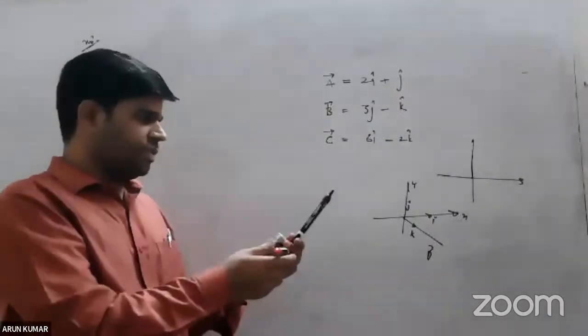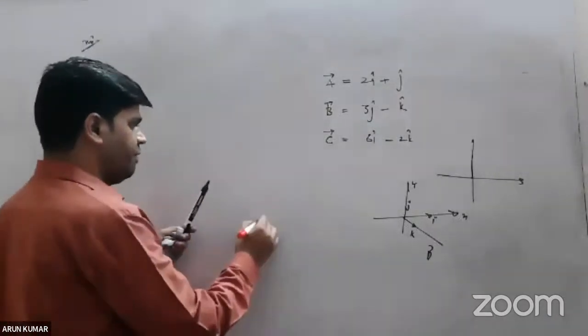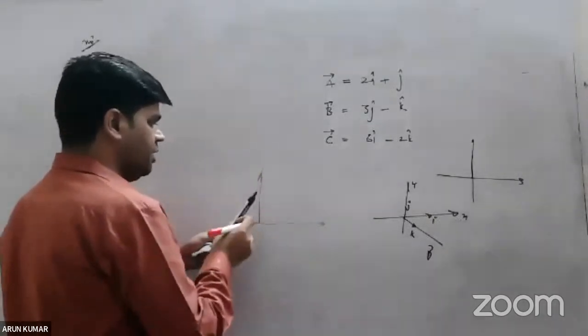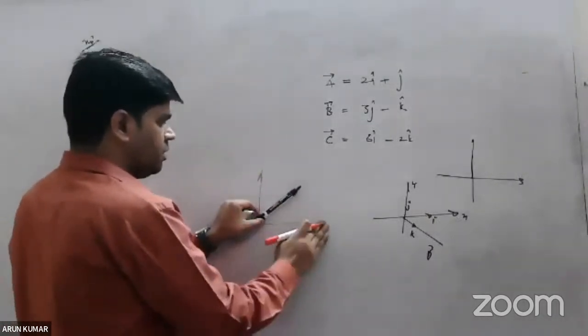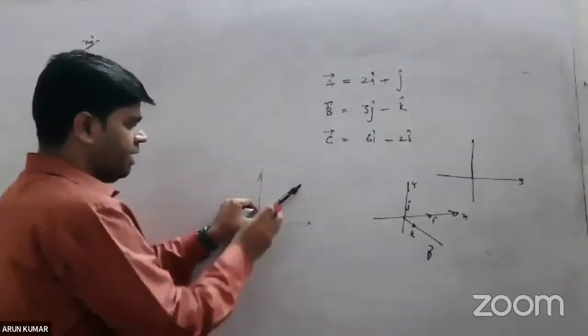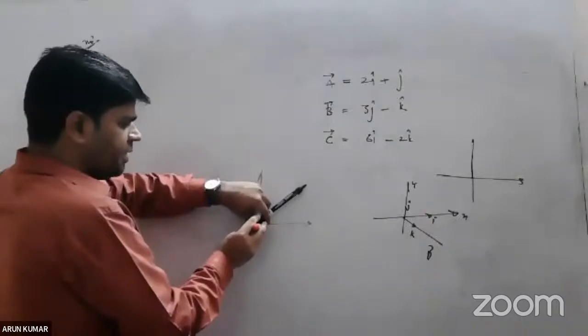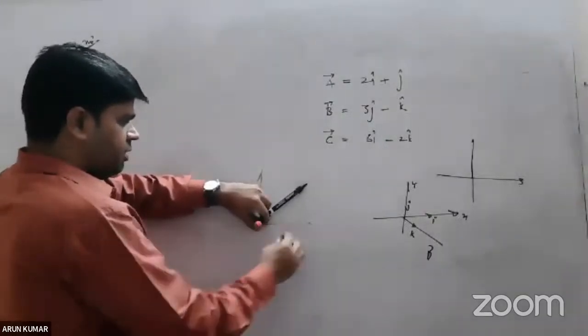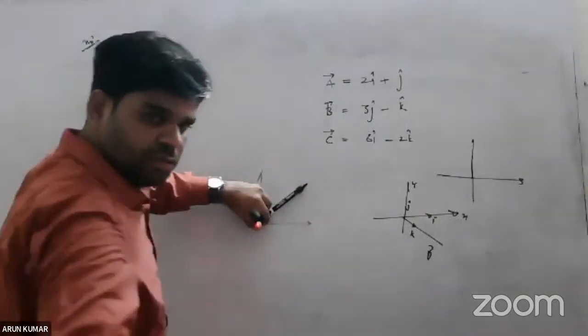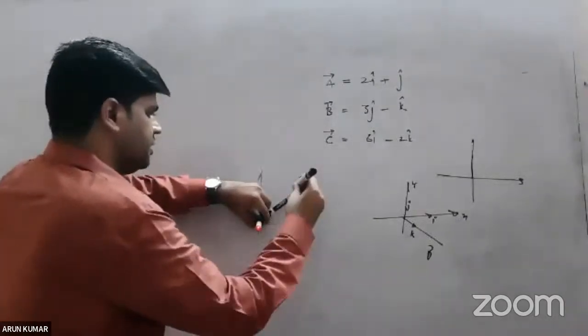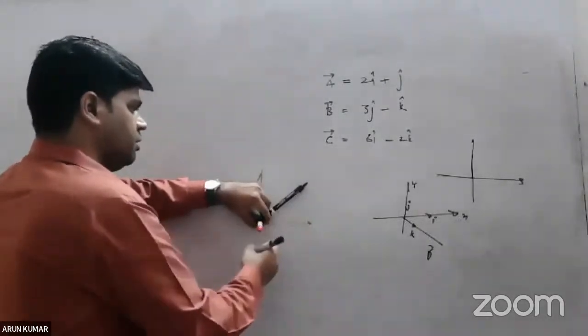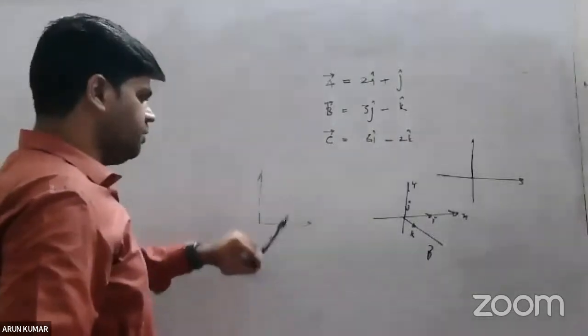Now this is the xy plane. I had one vector this way, another vector this way. The resultant is this one. Now if I have to add this vector and this vector, all I have to do is the same thing repeatedly. This is the resultant. Whatever I've done, triangle law for this one.